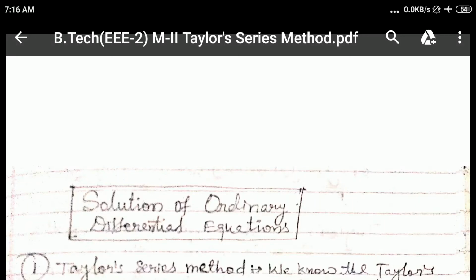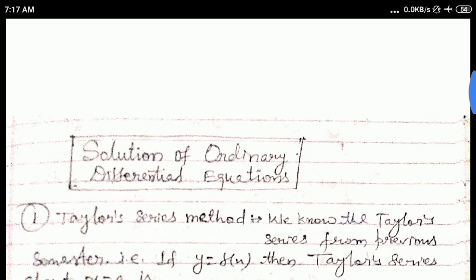Hello students, from today onwards we are going to discuss the concepts of numerical methods in mathematics, and particularly we start from the solution of ordinary differential equations.